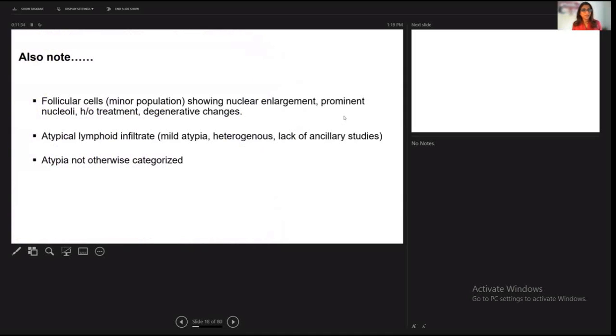Also, atypical category can be used for any follicular cells that show nuclear enlargement, prominent nucleoli in patients with history of some sort of treatment. And you can also use this category for atypical lymphoid infiltrate or atypia that is not otherwise categorized.